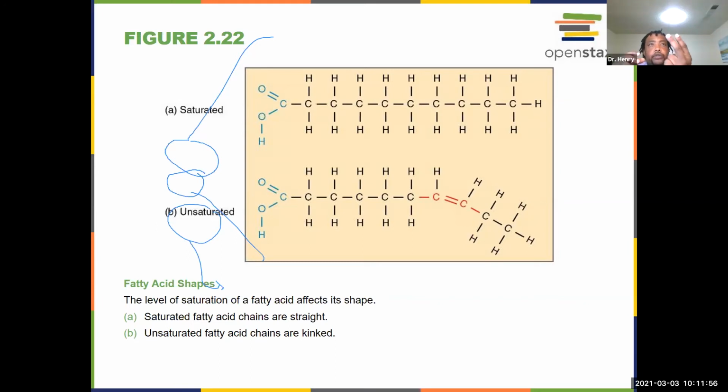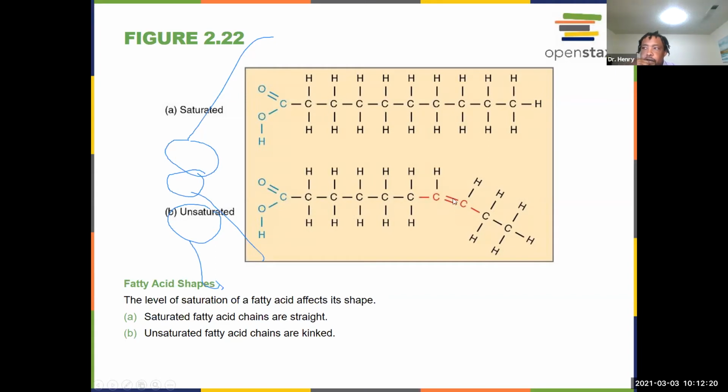If you're sharing 4 electrons, it's a double bond. If you're sharing 2 electrons, it's a single bond. These up here are all single bonds, so this one is considered saturated because all you have on this side are single bonds. This one is considered unsaturated because you have at least one double bond or triple bond.